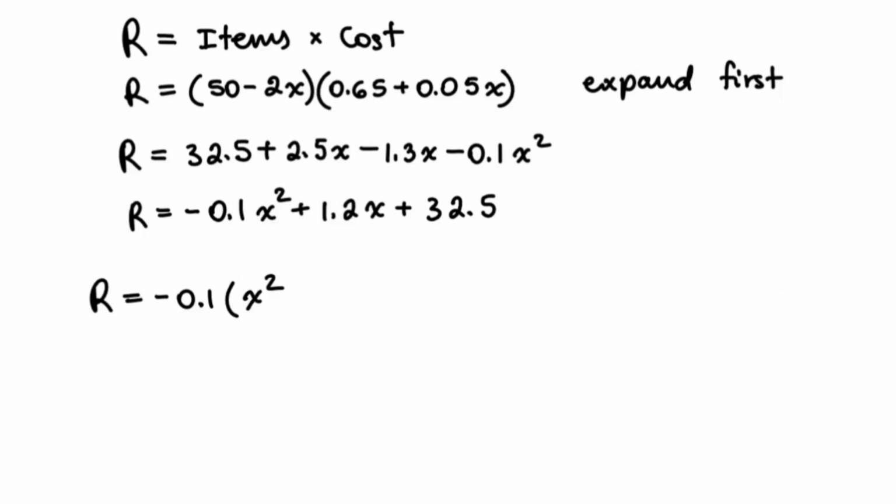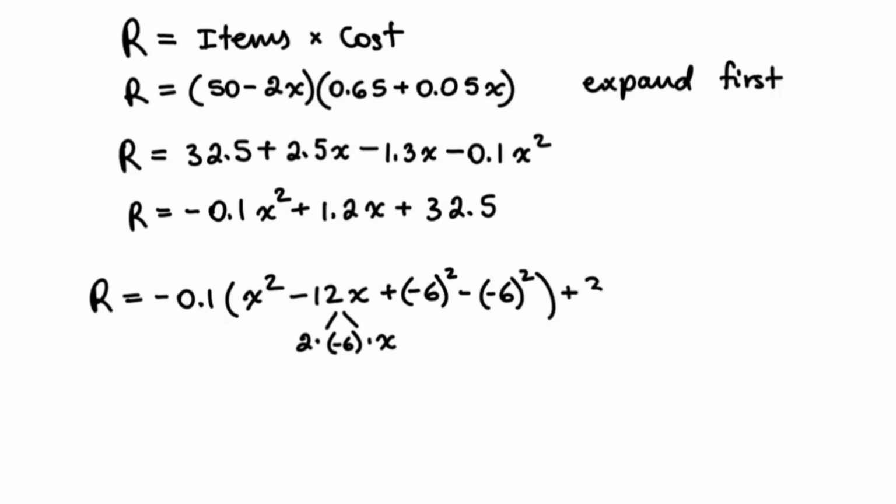So x squared minus 12x, and then we split this into two, so 2 times negative 6 times x, right? Then plus the square of the number, negative 6, and then minus. Because we're bringing that number in from nowhere, we have to balance our expression. And then plus 32.5. So then our a value is negative 0.1.